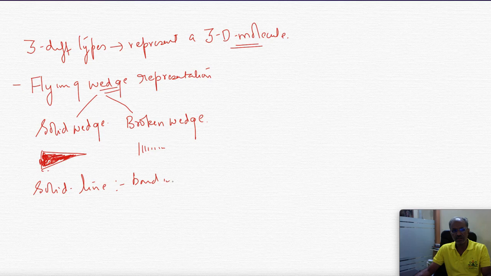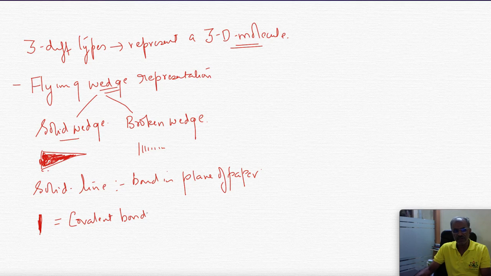A solid wedge bond indicates that the covalent bond is towards the observer, towards yourself.